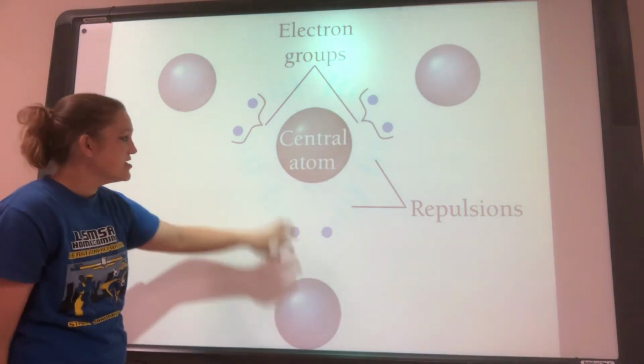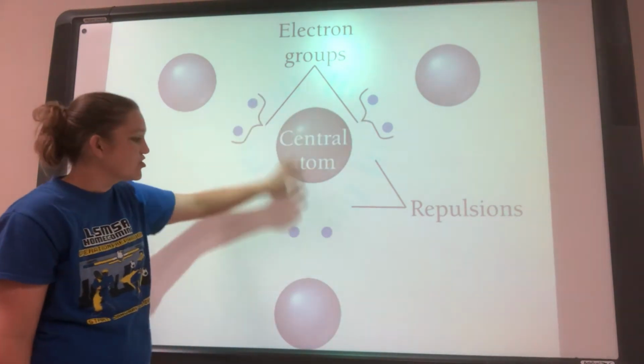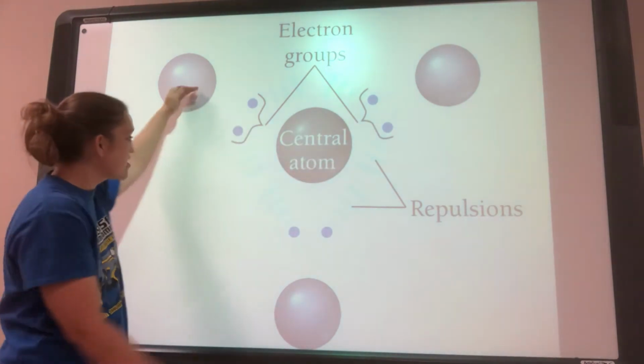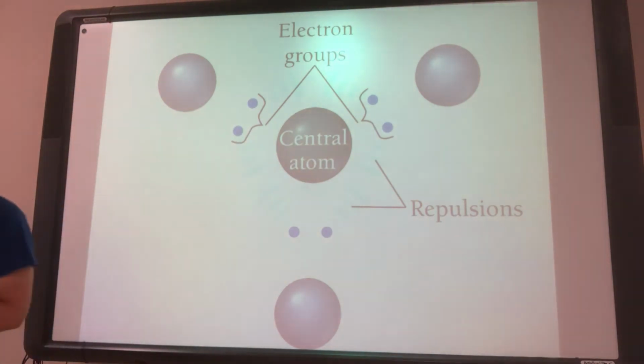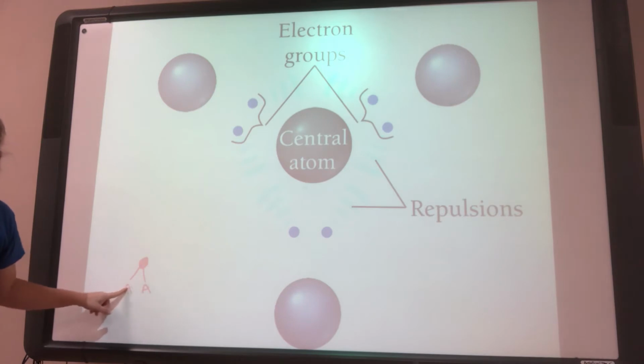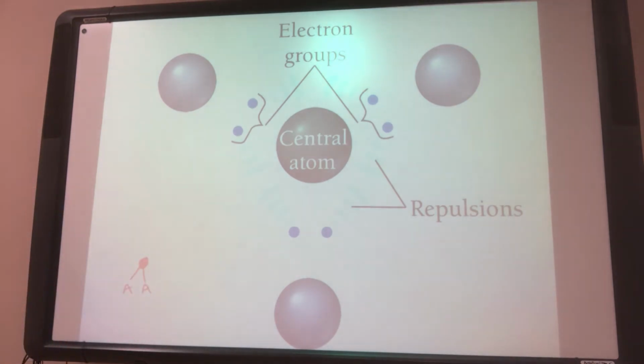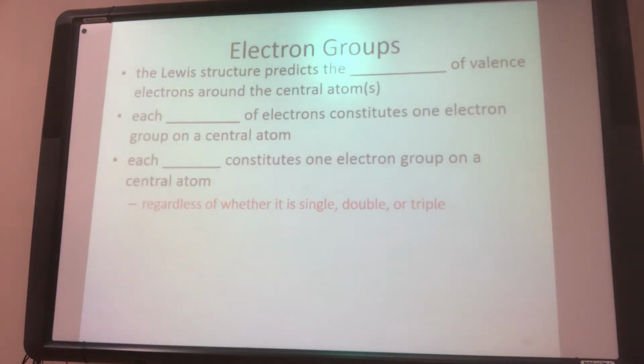So these three bonds, these electron groups, want to be as far away as possible. That's why I don't see something where here's my central atom, here's a bond here, and here's a bond here. These two guys don't want to be right next to each other. They want to be far away from each other, like this.